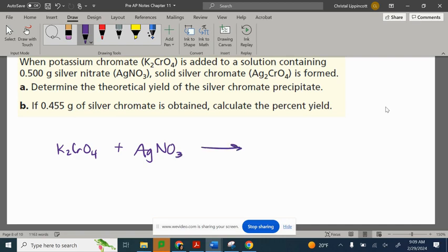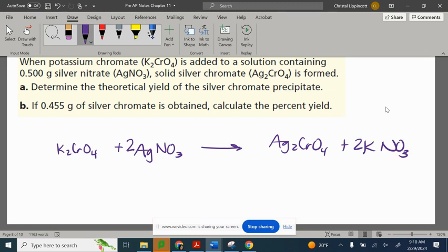So this is going to make Ag2CrO4 and potassium nitrate. I need to balance this. I need a 2 here and a 2 here. There we go.